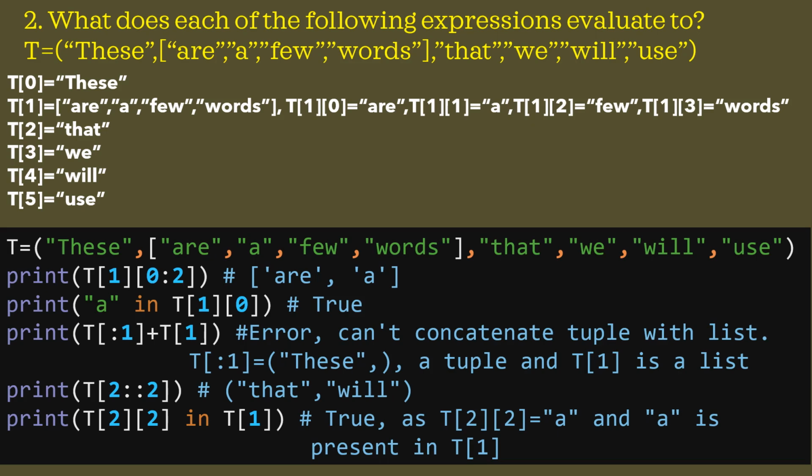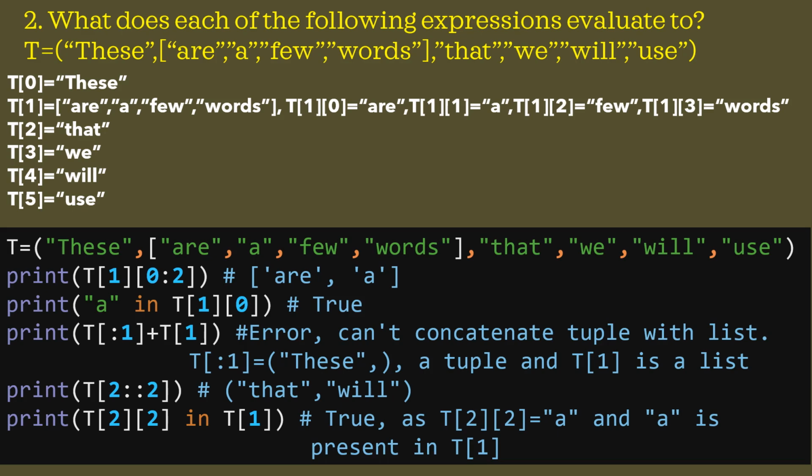The next print statement is print T of colon 1 plus T of 1. T of colon 1 will slice only the value present at index number 0, that is "these".